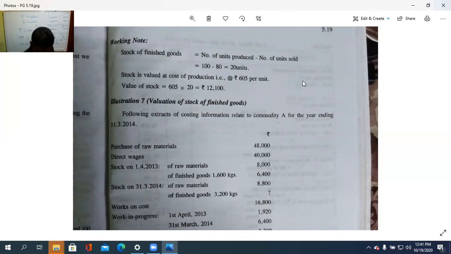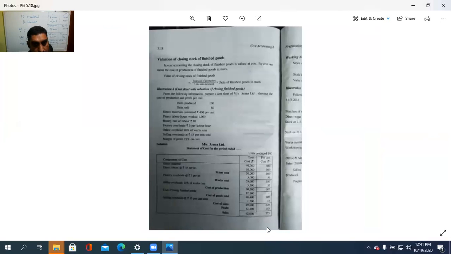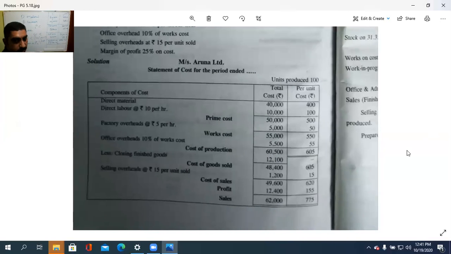So 60,500 minus this one, 48,400. Here 605. Then 48,400 is the cost of goods sold. Then selling overhead at rupees 15 per unit sold.